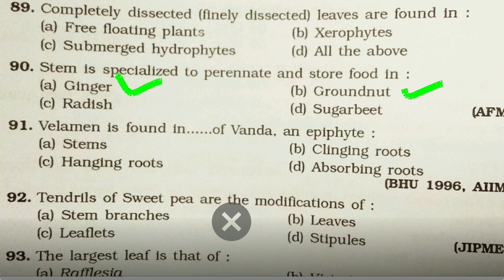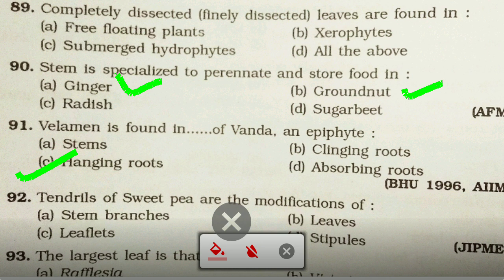Velamen is found in Vanda, an epiphyte. You all know that epiphytes grow on other plants. The velamen is a structure present on what is known as the hanging root. These are the roots which help this particular Vanda plant to hang at a particular place, and it will absorb the nutrients and provide support.